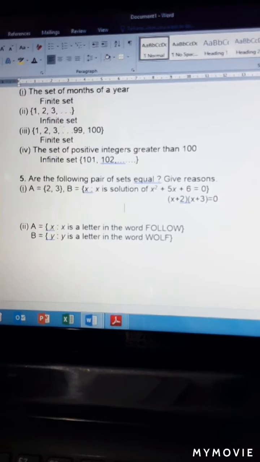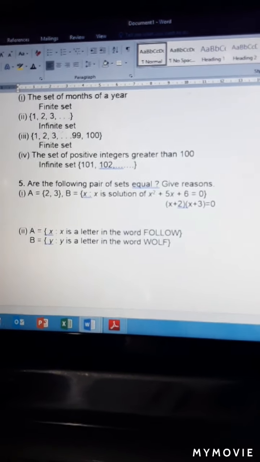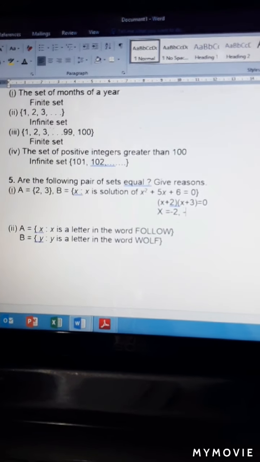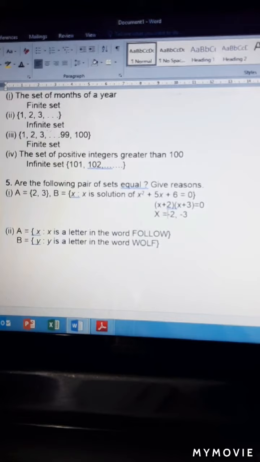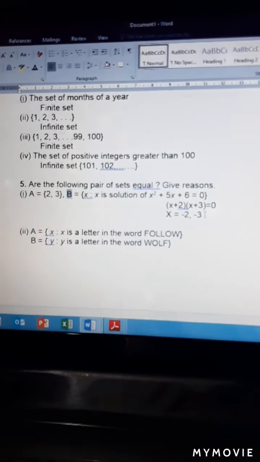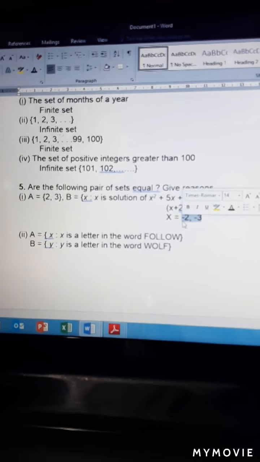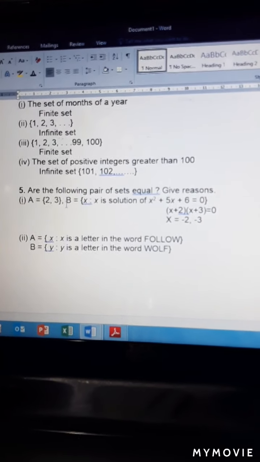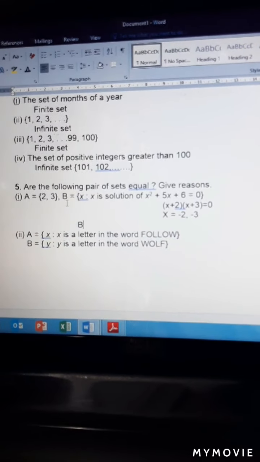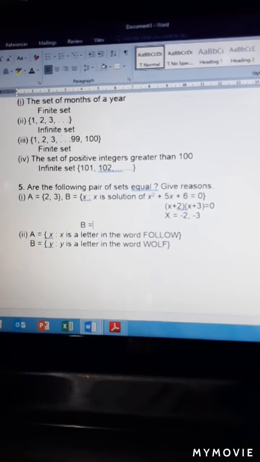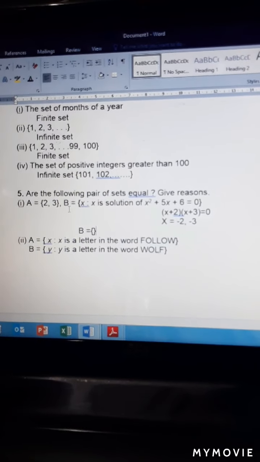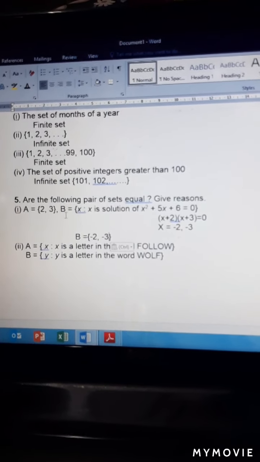So here what are the possible values of x? That is x equals -2 and -3. These are the values. So members of B are these two, -2 and -3. So B equals, in a set, these two members, -2 and -3.